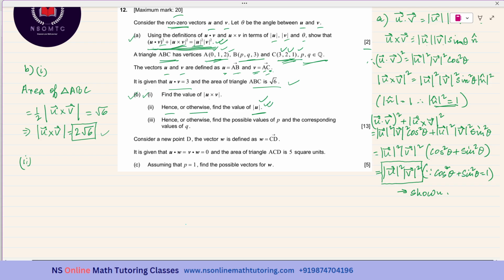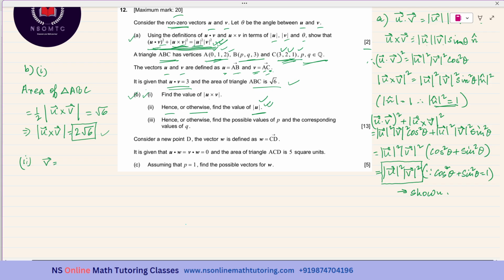And we know U dot V is equal to 3, and we have found the value of the magnitude of U cross V. Okay, so this is the only equation that has been given to us and that can help us in getting the magnitude of U. So for that we need the magnitude of V. Let us first of all get the vector V and then get its magnitude.